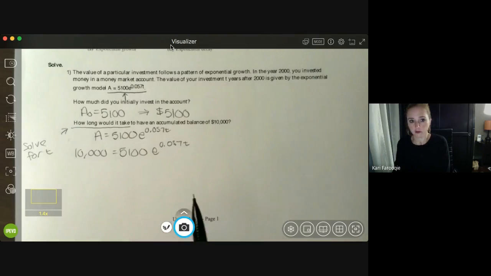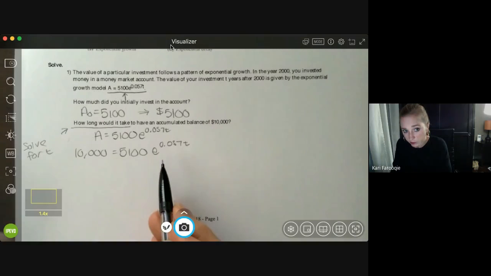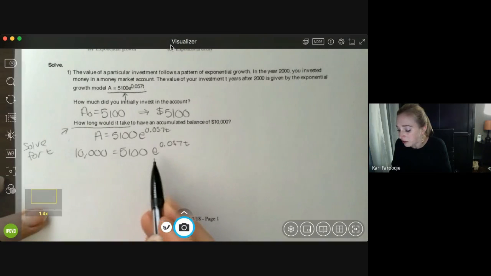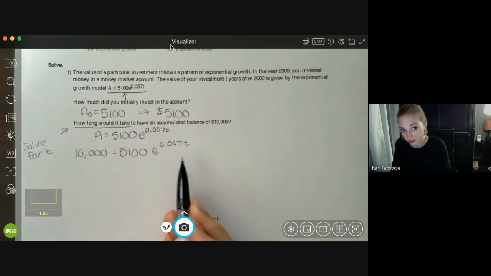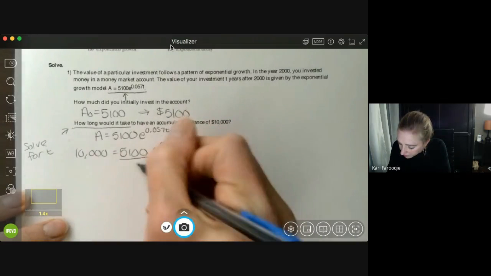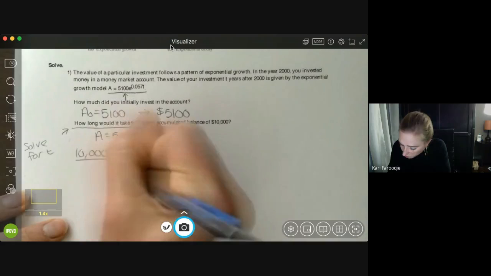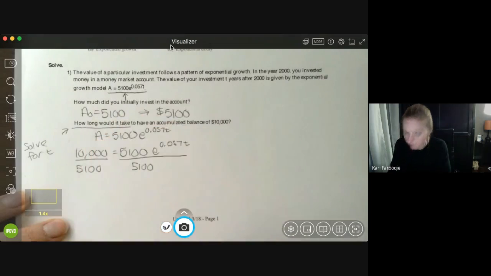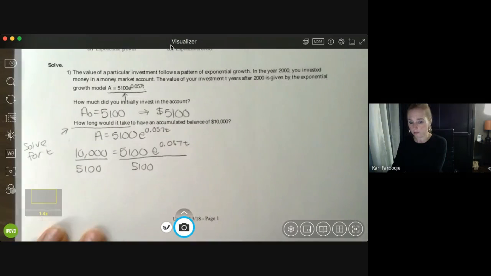We're just trying to figure out the value of t for how long it would take for your account to obtain that value. In order to solve for t, we're solving an exponential equation. That means we need to get the exponential expression isolated on one side of the equation. So the first thing you need to do is divide both sides of the equation by that constant multiple in front of your exponential expression.